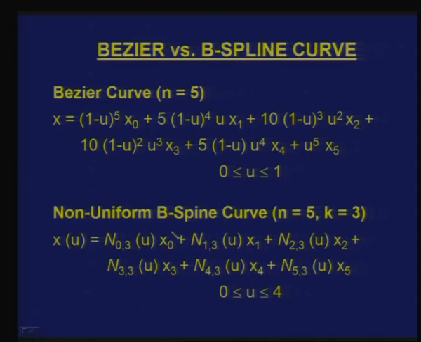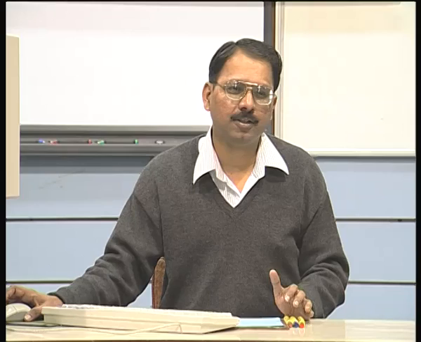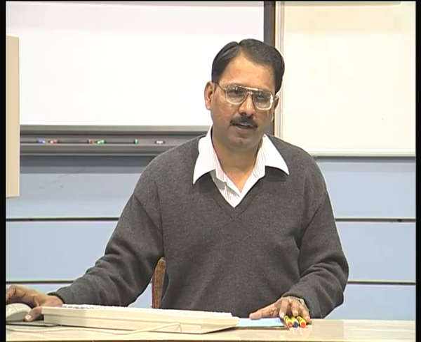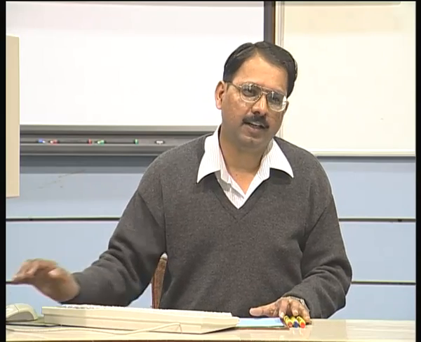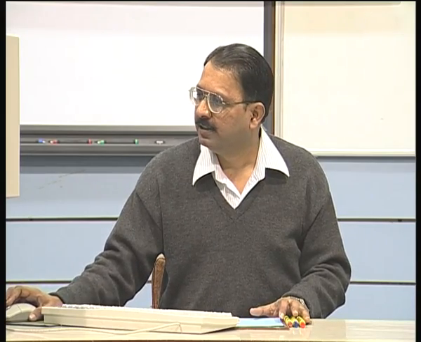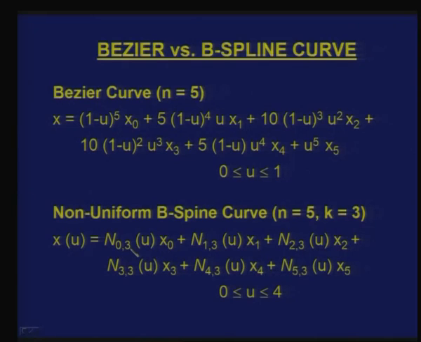Let us look at the definition for a non-uniform B-spline curve. Here not only do I give the control points, but I also have to supply the k which I have selected. Let us say I have selected k is equal to 3, which gives me a slope continuity. Then, as in our earlier equation, the B-spline basis functions are multiplied with the coordinates.